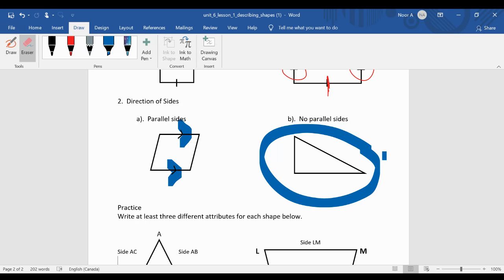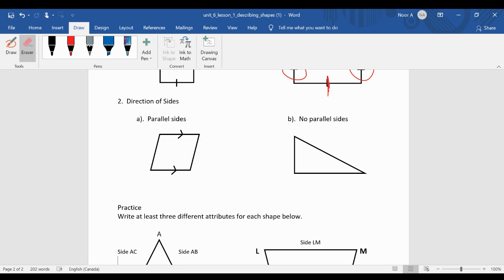We're looking only at the direction of the sides. These lines will never meet, and if these lines will never meet, then these are parallel sides. This one here, the lines are meeting. As you can see, this is meeting with this, meeting with this, and so on. So you don't have any parallel sides.